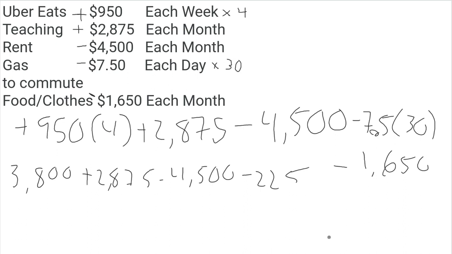So all I'm going to do is add this together, subtract, subtract, subtract. And if you plugged into your calculator correctly, you should have gotten $300. So at the end of the month, with Uber Eats, teaching, all of my bills, I have $300 left to spend on fun things like going to the mall or whatever.